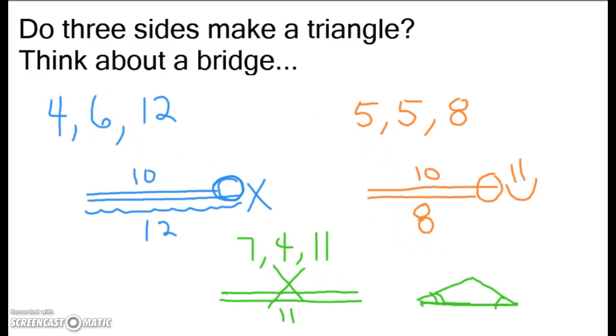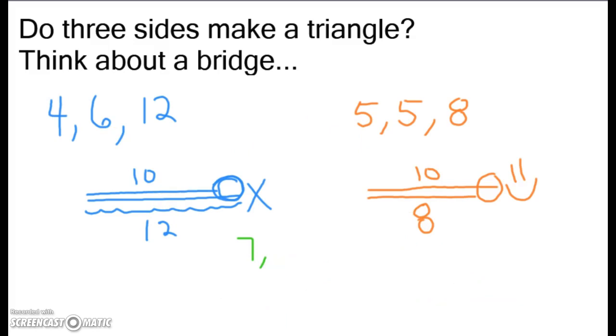Now, if you're asked, let me get rid of some of these marks. If you're asked which sides could work or what's the maximum value of a side that could work, let's look at the numbers 7 and 4 again.